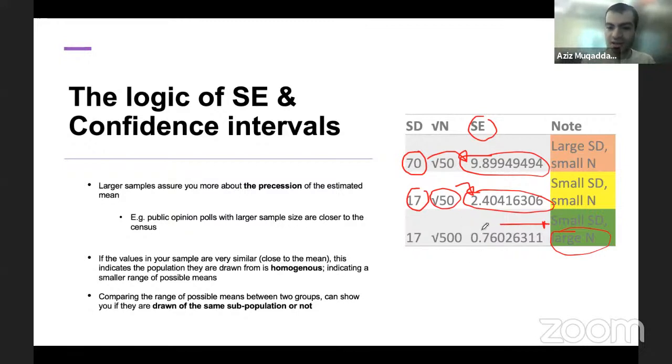And so I end up with a very small standard error. This means the confidence interval would be very close to the mean score, right? So standard error times 2 if it's 95%, and if it's 99%, it's 3 standard errors.